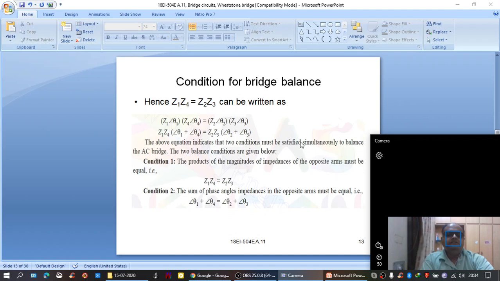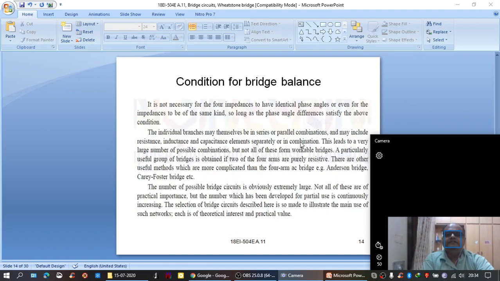The next one is Wheatstone bridge. Sorry, some more information is there. It is not necessary for the four impedances to have identical phase angles or even for the impedances to be of the same kind, so long as the phase angle differences satisfy the above condition.